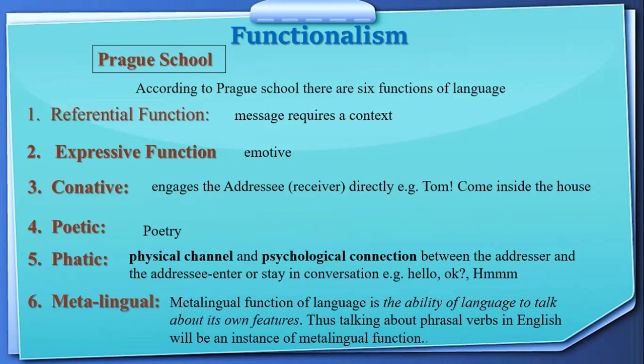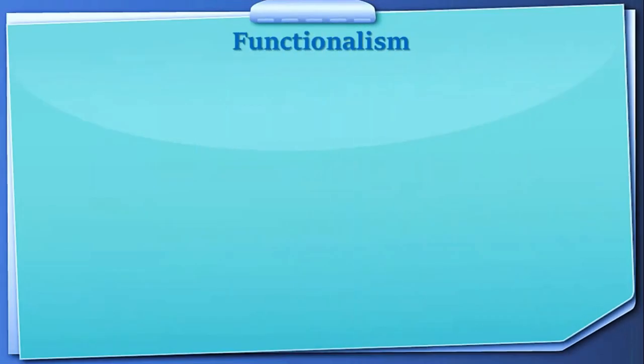Thus, talking about phrasal verbs in English is an instance of the metalingual function. So language expresses its own features, principles, and laws. When we talk about phrasal verbs and their meanings, we are actually talking about language itself. These are the six functions of language according to Prague.